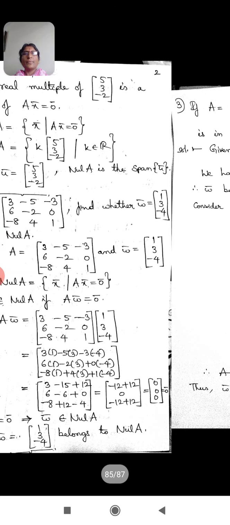We can do this by depending on the concept of the null space. How can we do it? Let us see. Given capital A is equal to the matrix with rows (3, -5, -3), (6, -2, 0), (-8, 4, 1), and w bar is given as the 3 by 1 column vector (1, 3, -4).